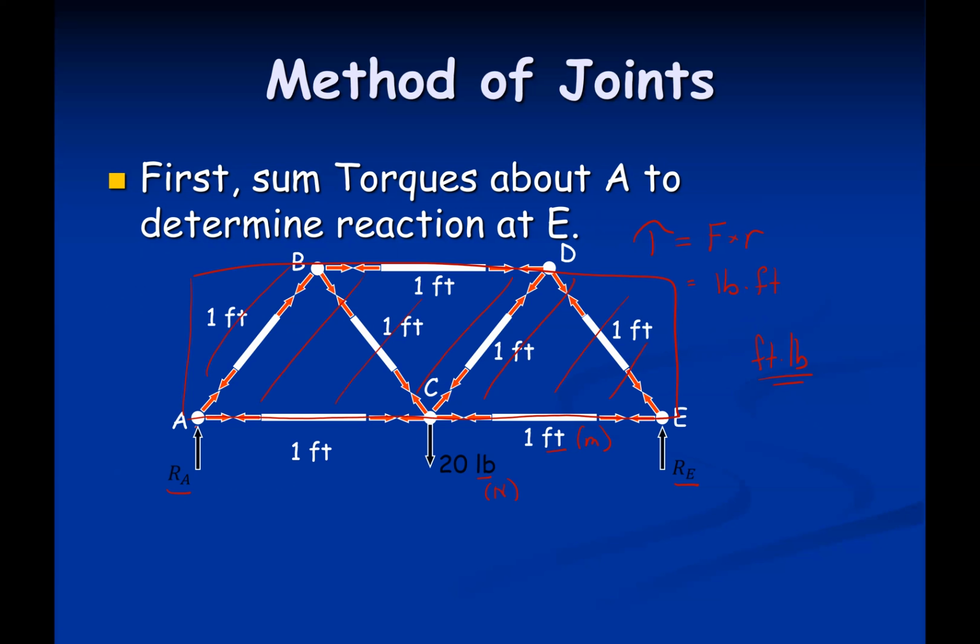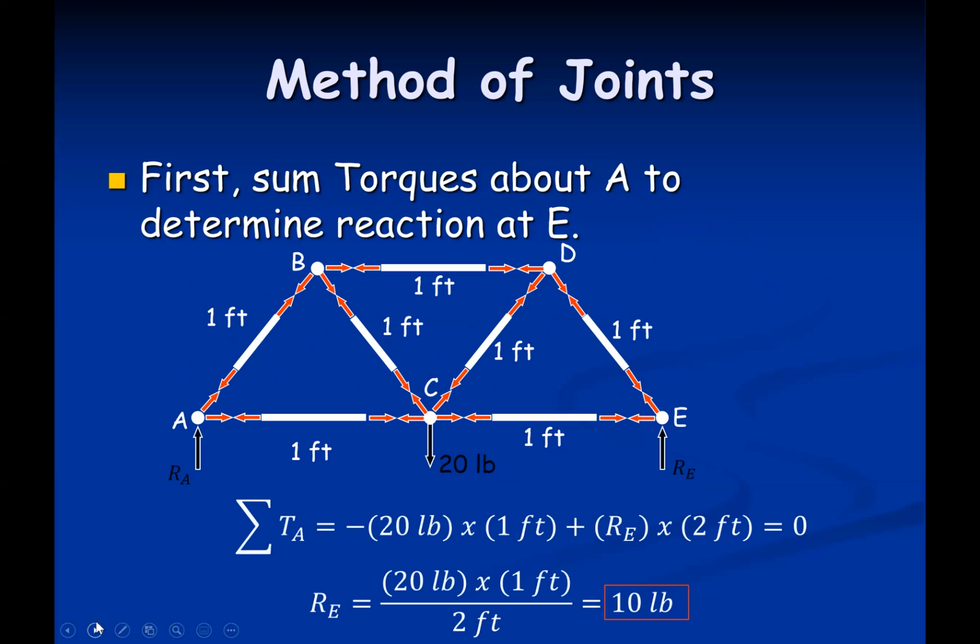If I make A my pivot point, remember, any forces going through the pivot point do not cause torque. It's only external forces that cause torque here. So the force of the 20 pounds and the reaction at E are going to cause torque. Those torques might add up to be 0.